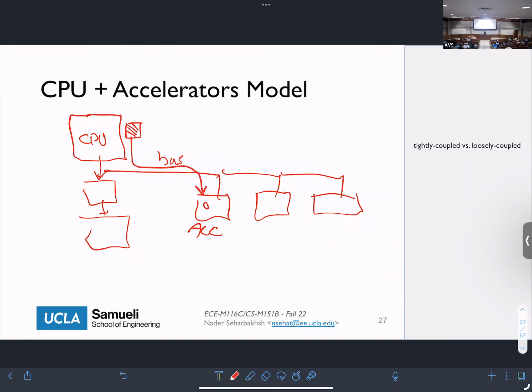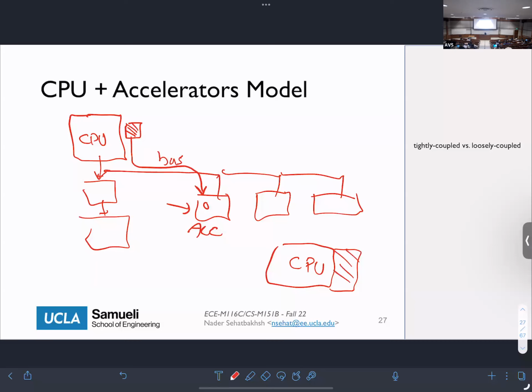We typically call this loosely coupled. But another alternative is, instead of having the accelerator as part of an I/O component, I'm going to have the CPU and add the accelerator as an extension to the CPU.